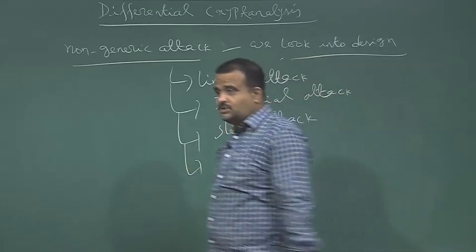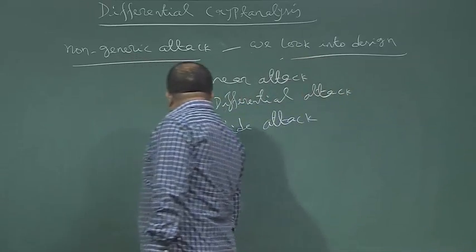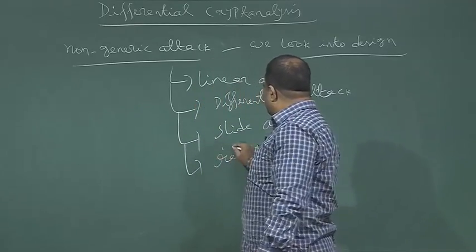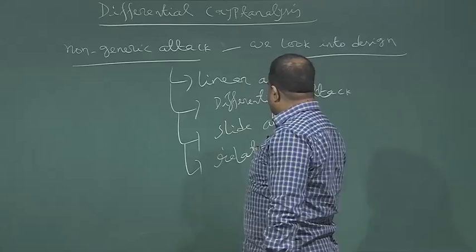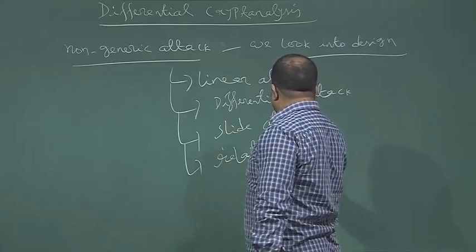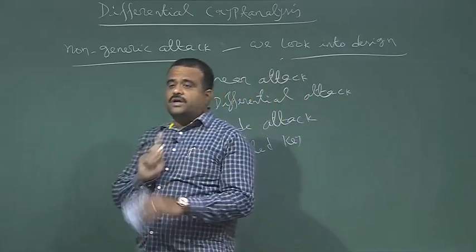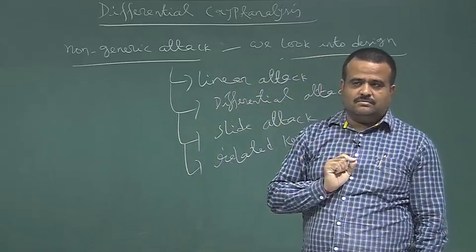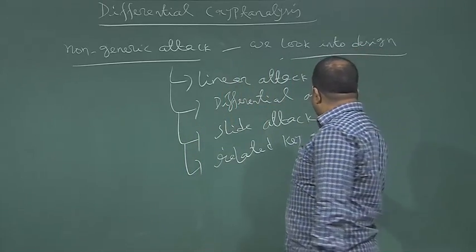In some of the attacks we can think of the related key attack. This related key attack means we want to see whether there is any relation between the round keys. So, this is the attack where we look into the key scheduling algorithm.